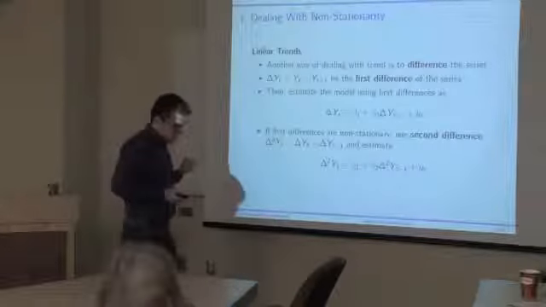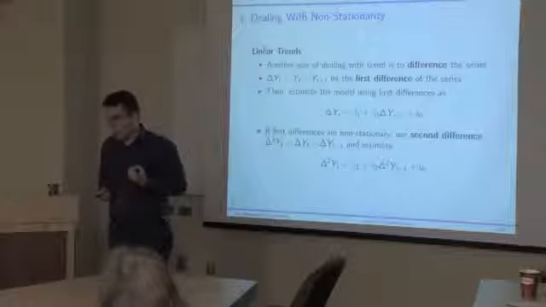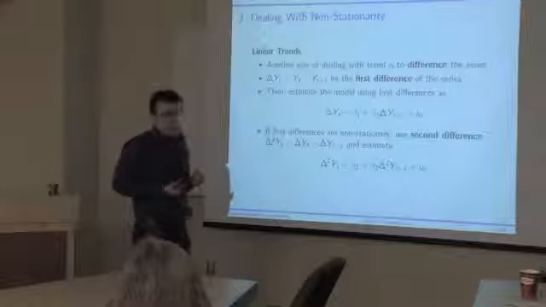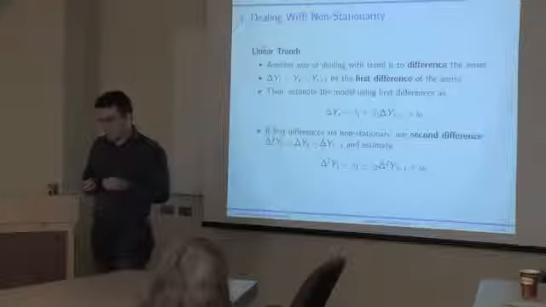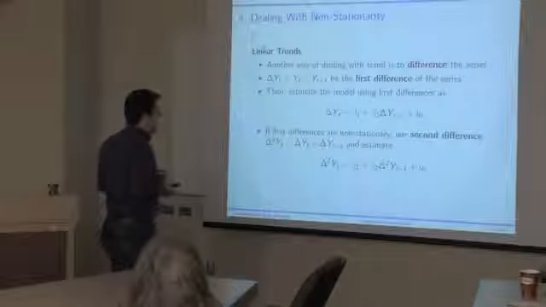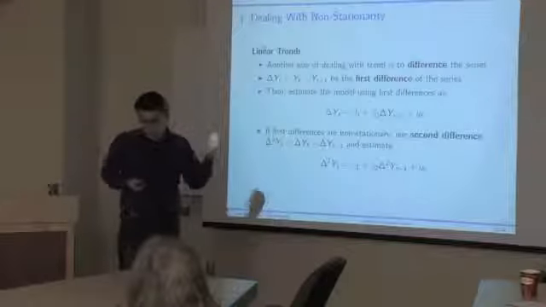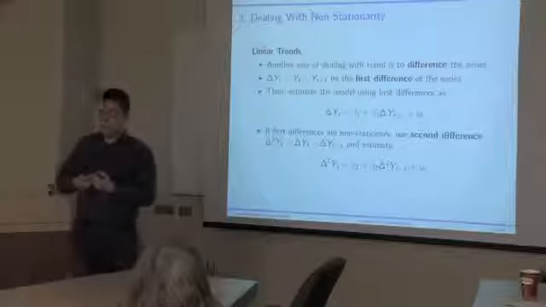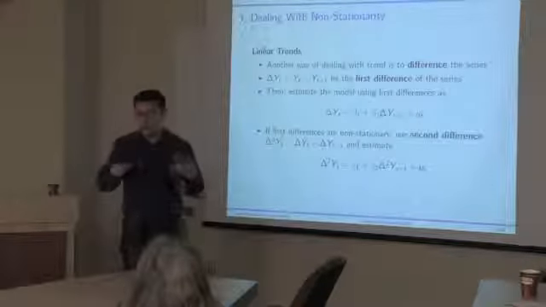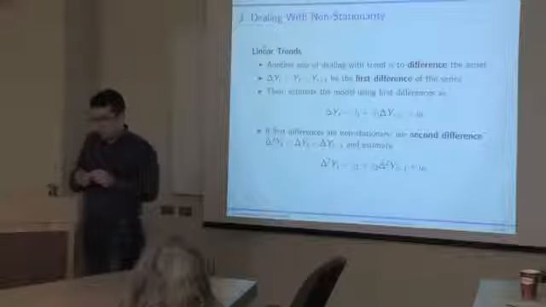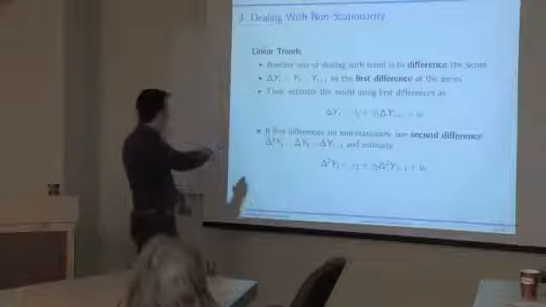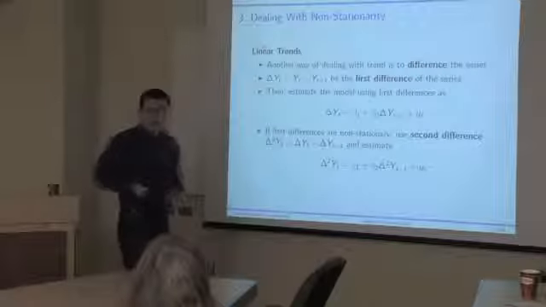Perhaps the most common and easy way of dealing with trends, and linear trends in particular, is by differencing your data. So just by working with the data not in the level form, but in the form of the differences. For example, if we wanted to remove that trend from our time series, we could create a new time series constructed as the difference between the realization of our time series, our yt, and the first lag of the series.